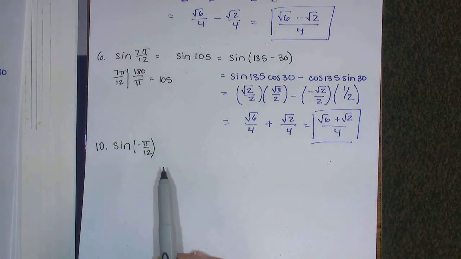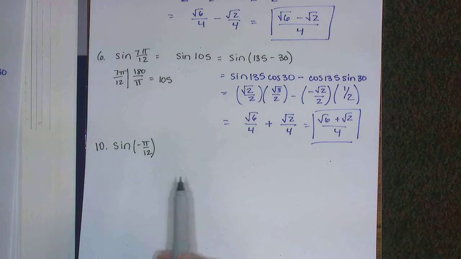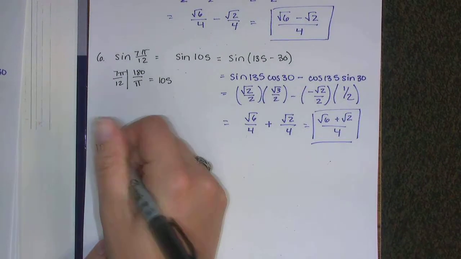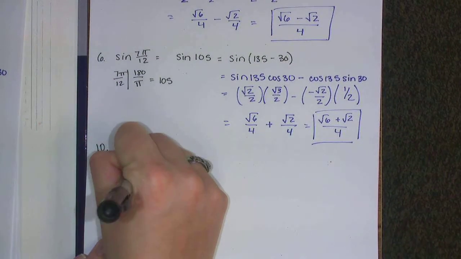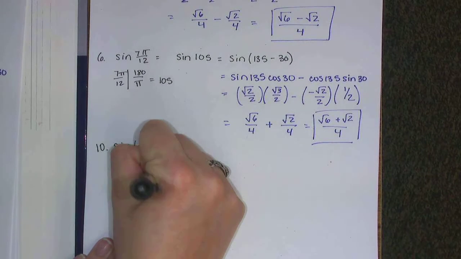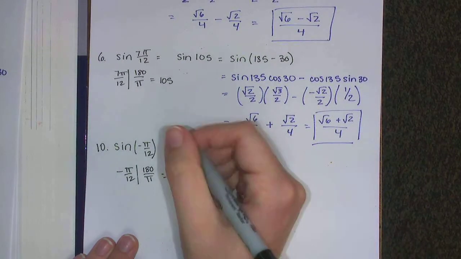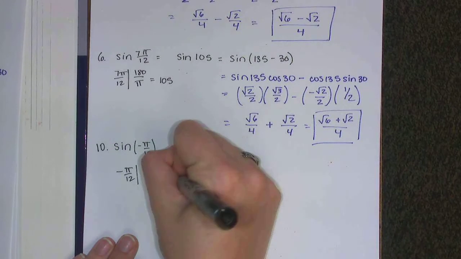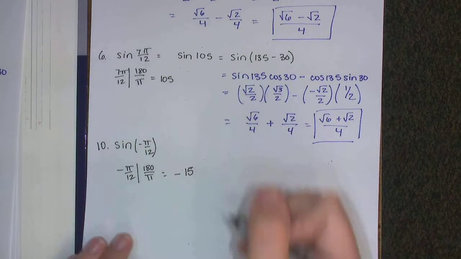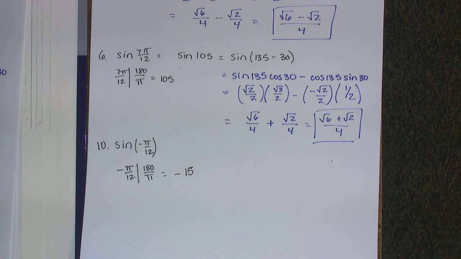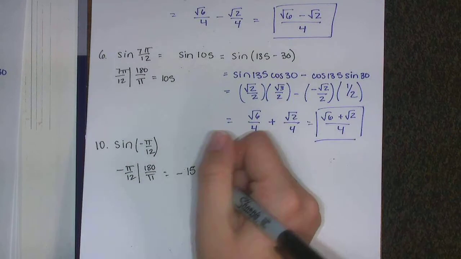So, minus pi over 12 times 180 over pi gives me minus 15 degrees. Well, if we remember back to the way we can think about angles, I can think of a negative angle as the same thing as that plus 360. So if I add 360, I get 345 degrees.